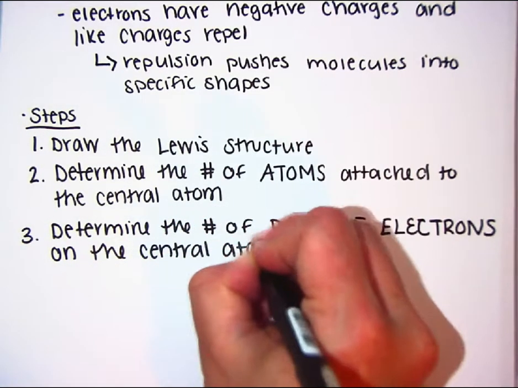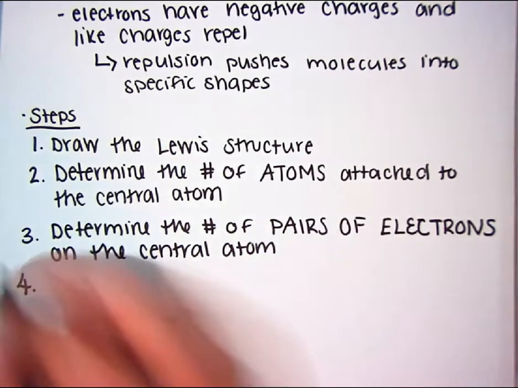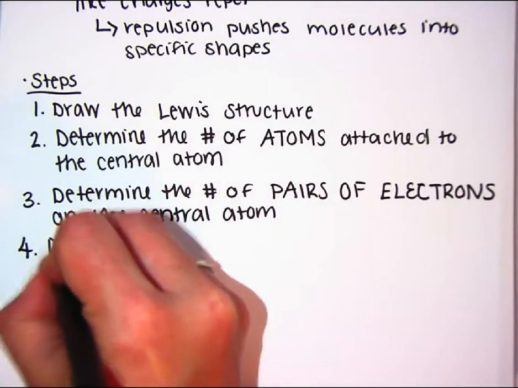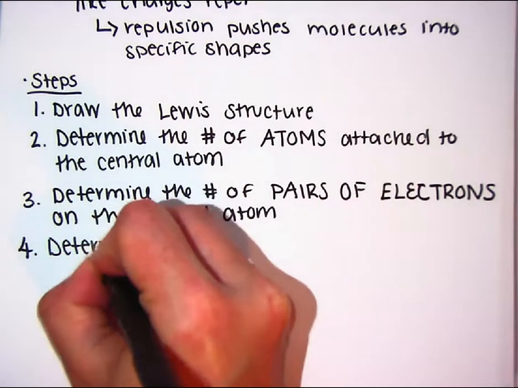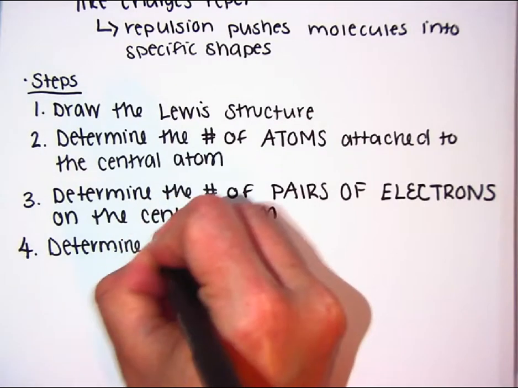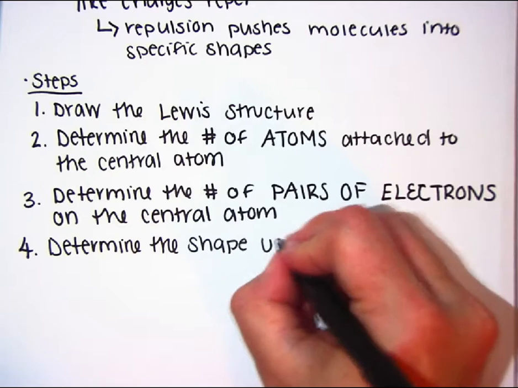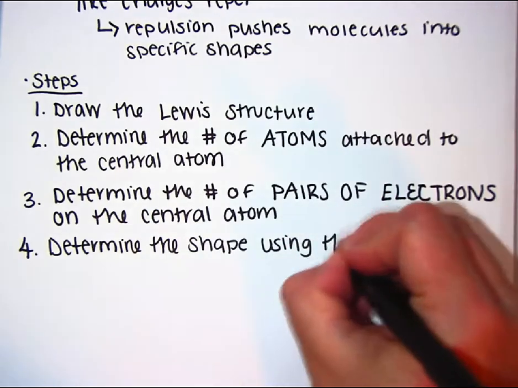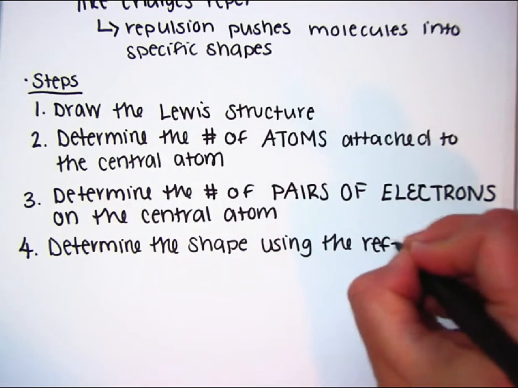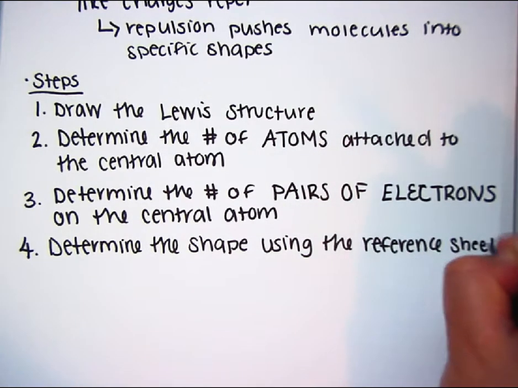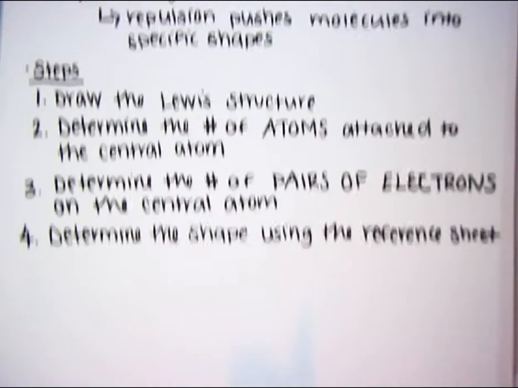Lastly, once we know how many atoms are attached to the central atom, and we know the number of pairs of electrons on the central atom, we can then determine the shape using the reference sheet. And again, this reference sheet is in your chemistry resource packet.